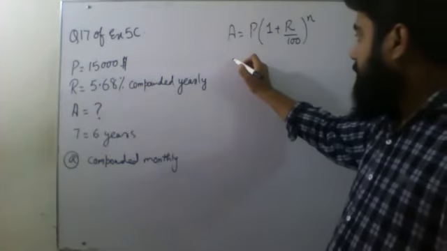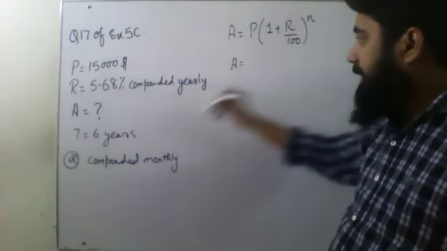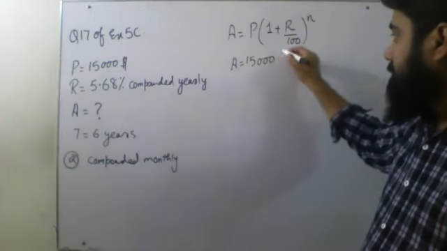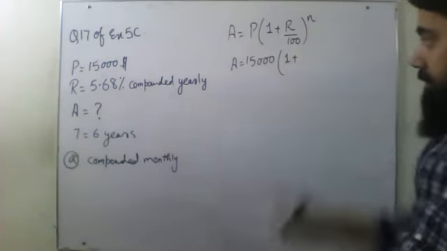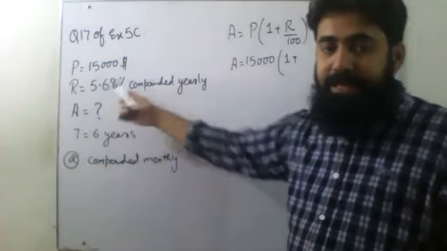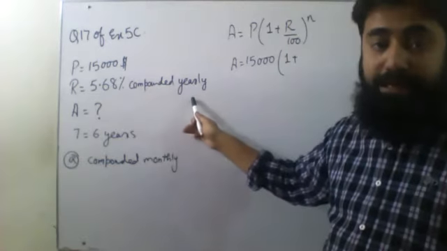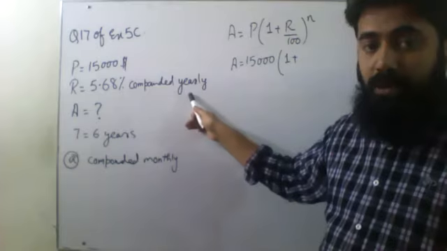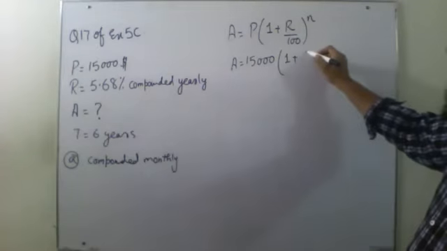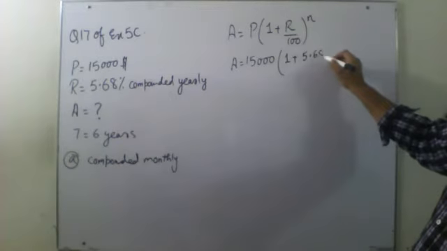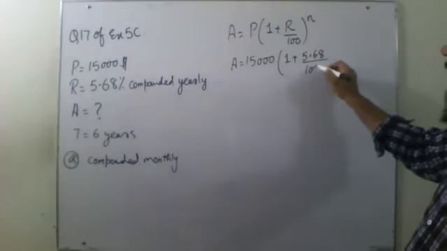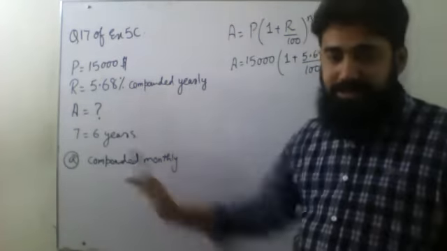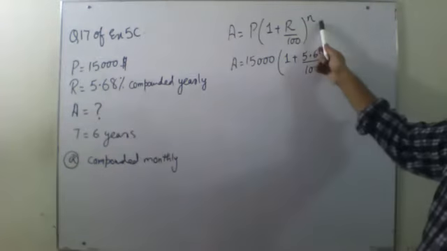Okay, so A equals P, which is given as 15,000, times 1 plus 5.68, compounded yearly. 5.68 is the rate for 1 year, so 5.68 over 100. The time is 6 years, but I will not be writing it in place of n.